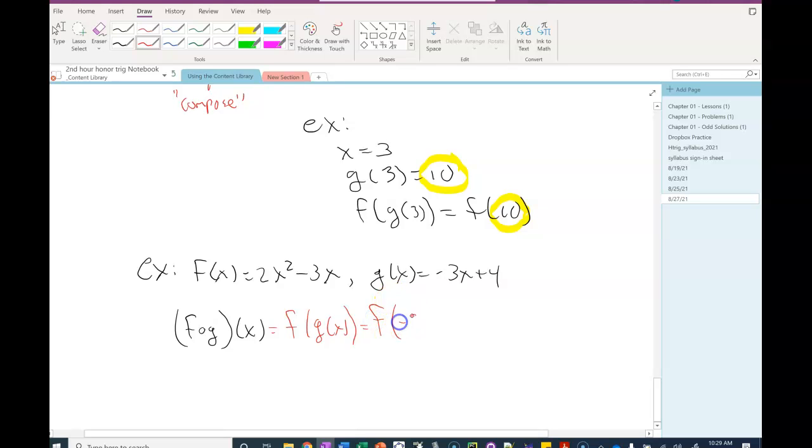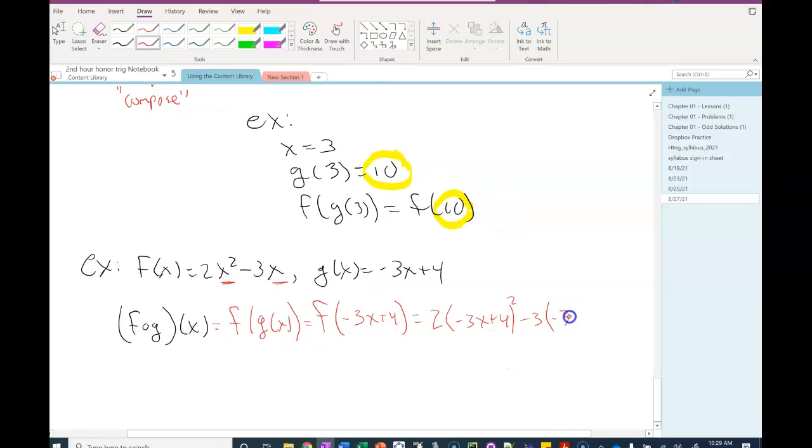And g of x is negative 3x plus 4. So in place of x, I'm going to plug in negative 3x plus 4. So I'm taking the x's and plugging in that.